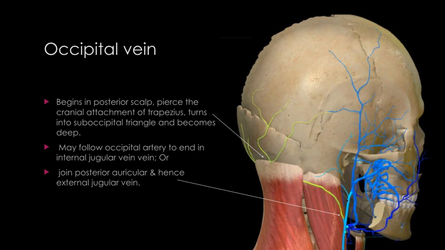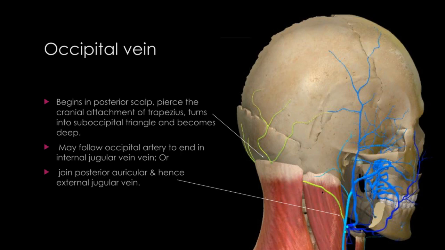As you can see in this picture, the occipital vein is marked in yellow, and it drains a huge region of the scalp in the occipital region. It begins in the posterior scalp. After beginning, it pierces the trapezius muscle and turns down into the suboccipital triangle and becomes deep.